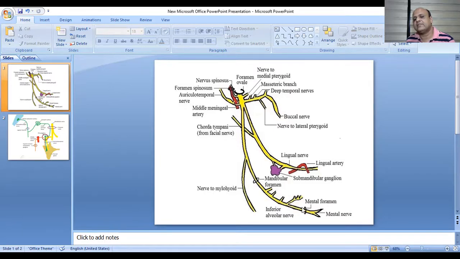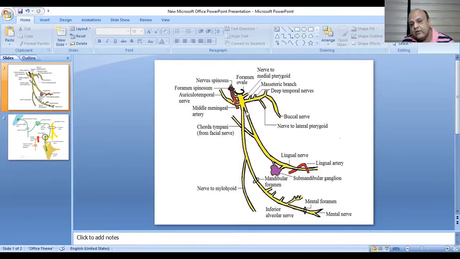Okay, and then it passes through the mental foramen to become the mental nerve, and this mental nerve gives branches to the skin of the chin, and it also supplies the gums in relation to the molar teeth and the canines. Okay, so this was about the inferior alveolar nerve. So the terminal branches are the lingual nerve and the inferior alveolar nerve. For lingual nerve, you have to remember the relations of the nerve also.